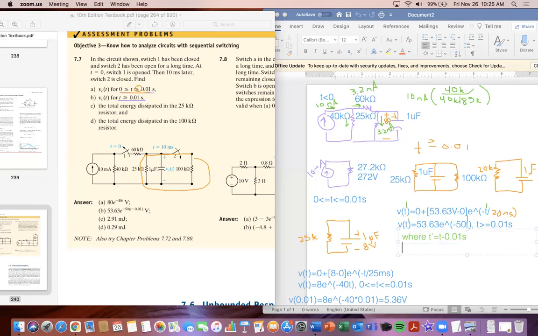That's what it's offset by. So if you actually want to write the v of t, the correct equation for the time, 53.63, and then e to the negative 50 times, and then that would be substitute in what you have, t minus 0.01. Okay, so 53.63 e to the negative 50 times (t minus 0.01). Yes. Okay, that's what we have here for v of t. And therefore, we got parts A and B.